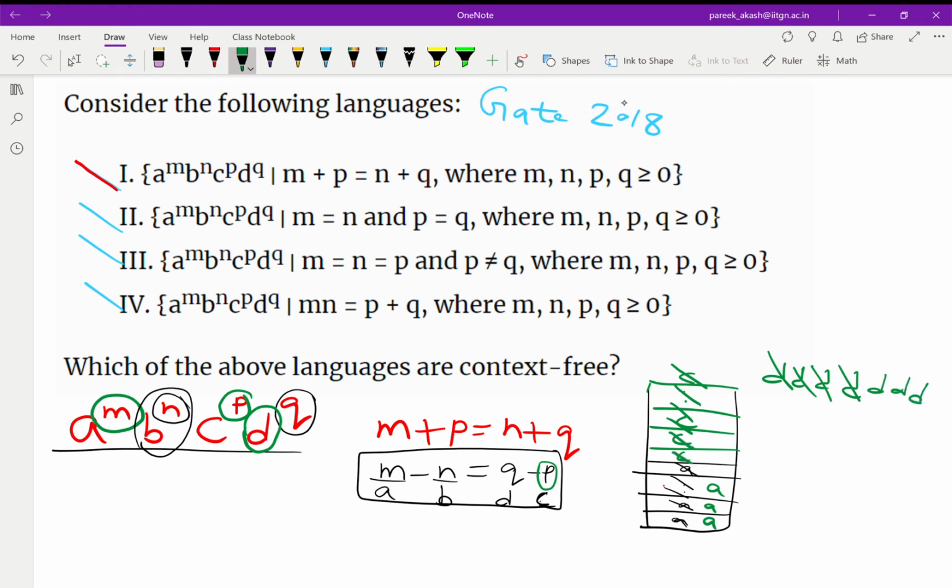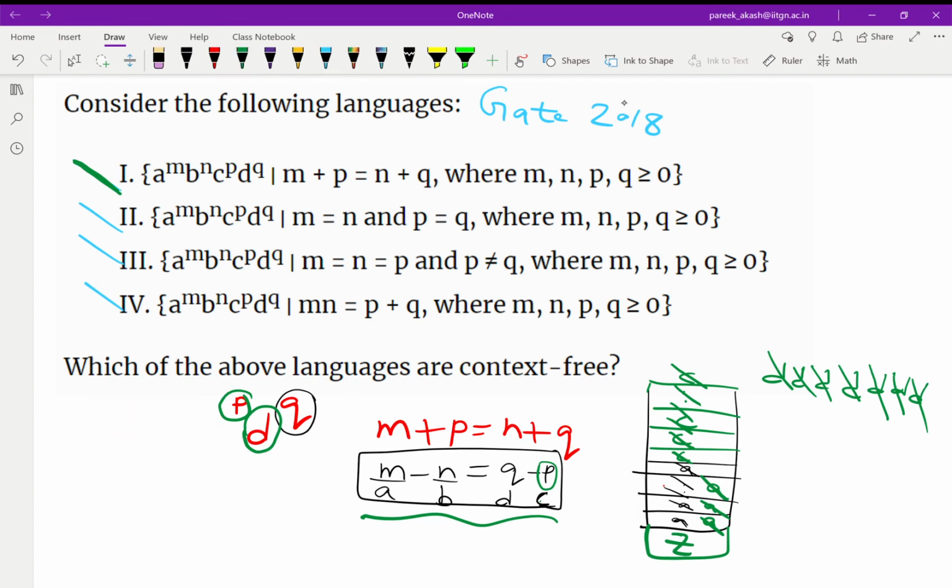Now by popping the a's for the d's, if the stack gets over and I can see the special symbol, then I can conclude that this condition is matching, and I will say that yes, you can construct. Now if you can construct such, then we can say that it is a context free language. So the first part is context free.